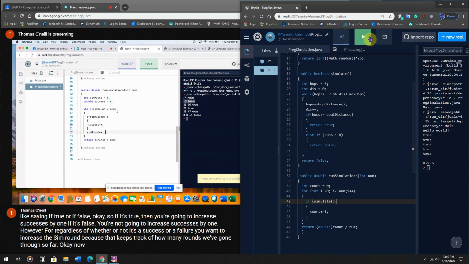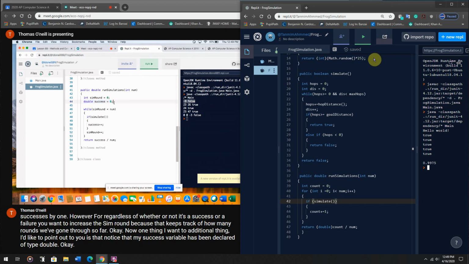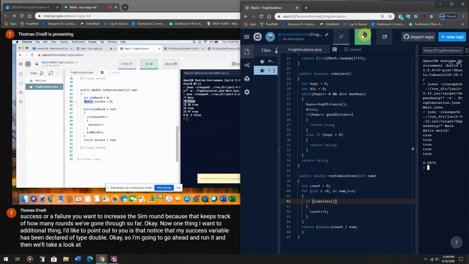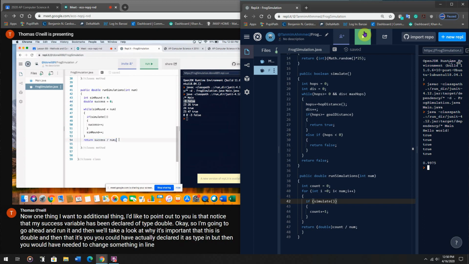Now, one additional thing I'd like to point out is that my success variable has been declared of type double, okay? I'm going to go ahead and run it, and then we'll take a look at why it's important that this is double. You could have actually declared it as type int, but then you would have needed to change something in line 54 here, okay?